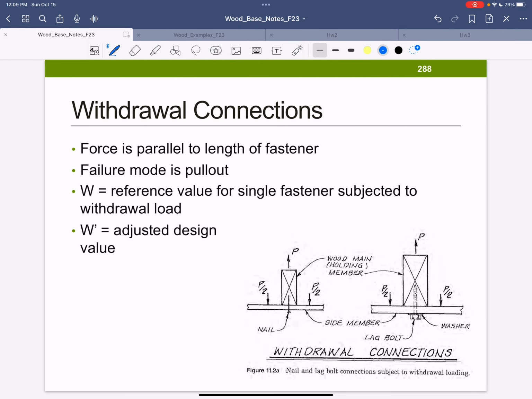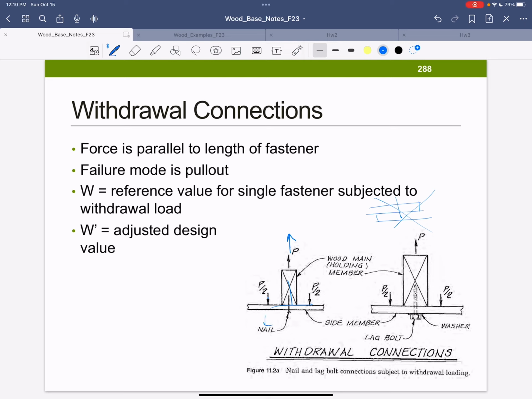So we call this the withdrawal connection, and these are ones as shown here. Instead of putting two parallel boards together, like we were doing, now we're going to look at the connection where we're pulling in this direction and then this direction.